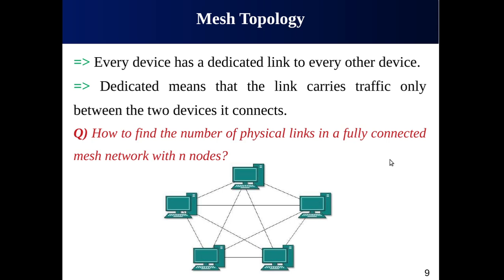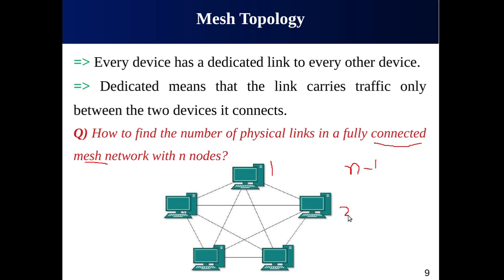To solve this question, you have to think a little. First we need to consider that each node must be connected to every other node. That is what we know as a fully connected mesh network. Every node must be connected with every other node by using a dedicated link. So for example, node 1 must be connected to n minus 1 nodes.